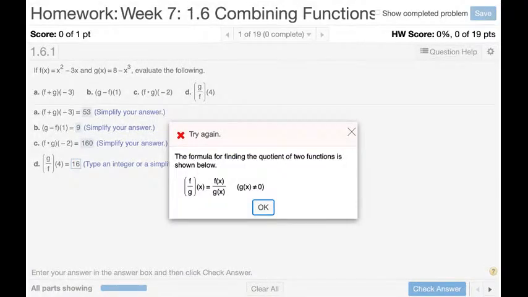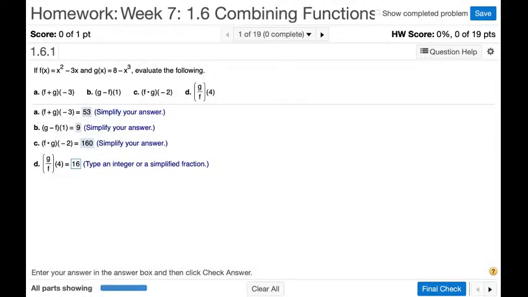What am I missing? 4 times 4 is 16. Oh, maybe I'm not subtracting there. That's probably why. I think that's what I was forgetting, the 8.